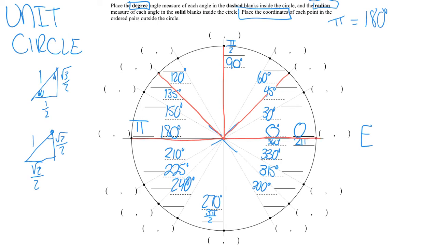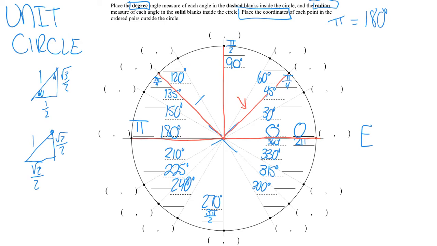So if at this first red line right here, that is 1/4 of pi, then we call that pi over 4. Then you have pi over 2, which is 2 pi over 4 when reduced. And then this third one, that arrow right there, that is 3 pi over 4.